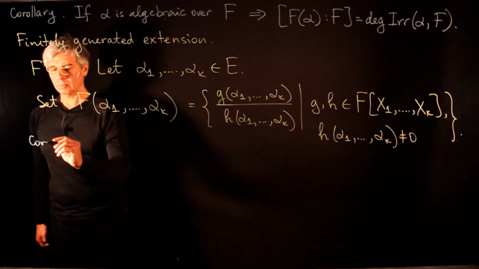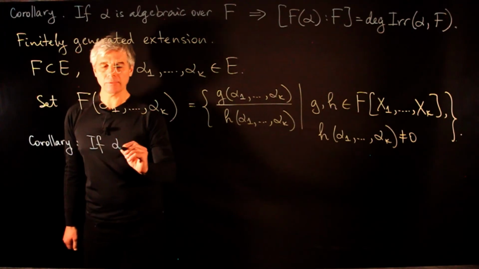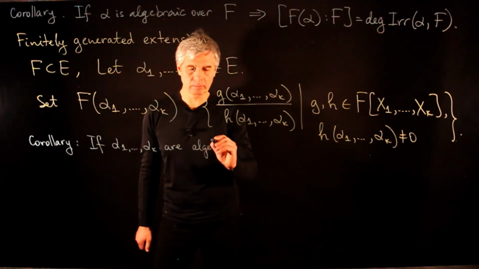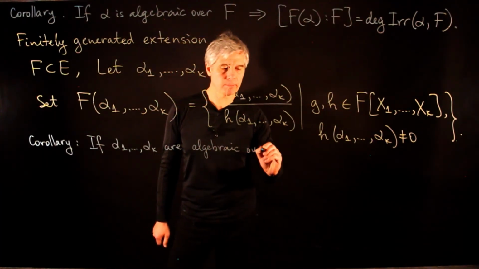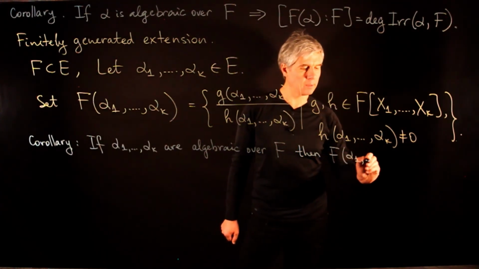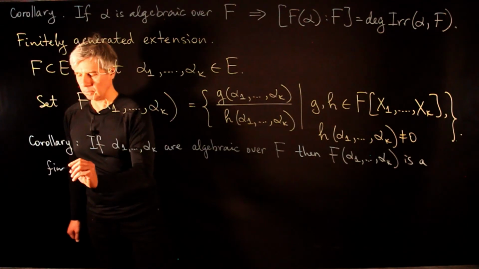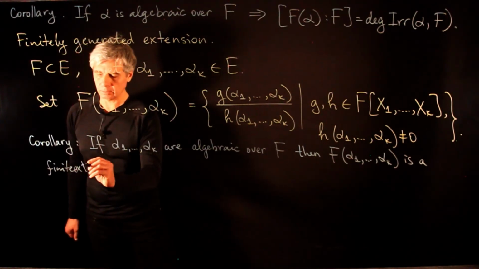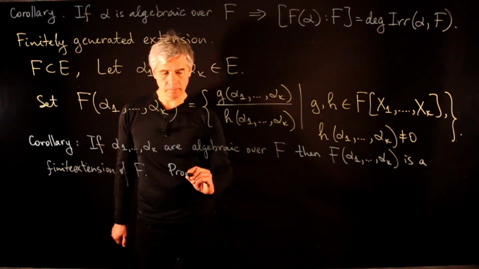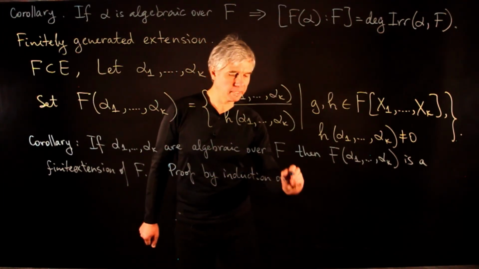Another corollary is that if alpha 1 through alpha k are all algebraic over F, then F(alpha 1 through alpha k) is a finite extension of F. And proof by induction on k.